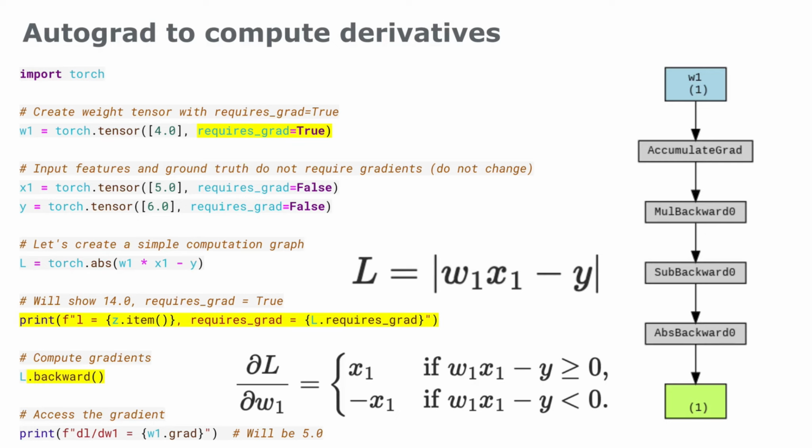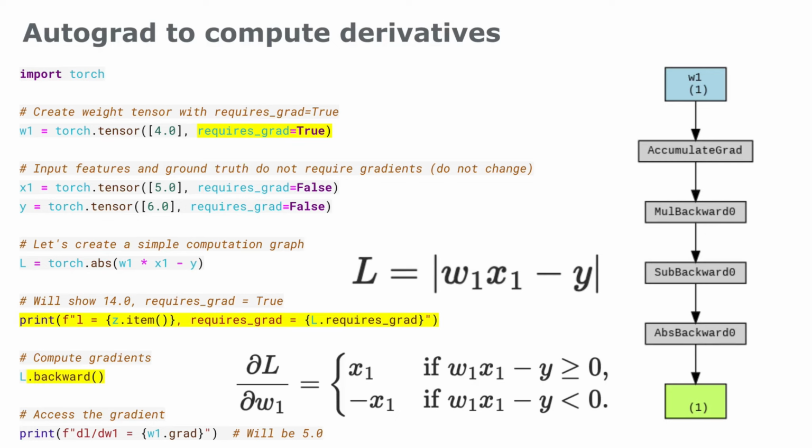Then on the next line we have x1 = torch.tensor(5.0) with requires_grad=False. This is an input feature. This could be like the intensity value of a pixel. Since we have requires_grad=False, PyTorch will not track the gradient of this variable. It's not necessary because we're not going to be updating the feature.